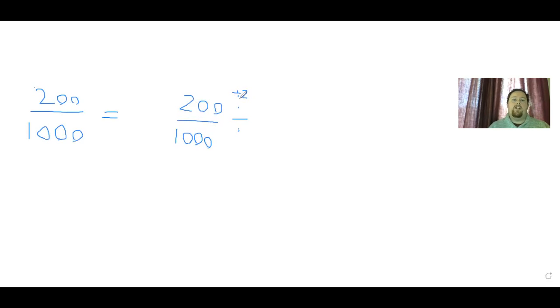So 200 divided by 2, for example, is going to be 100. It's just half of it. That's what divide by 2 is. So if we've got 1,000, again, we can just half it. So half of 1,000 is 500.